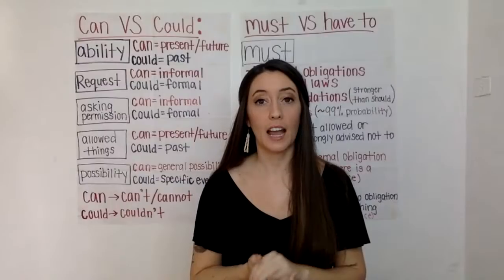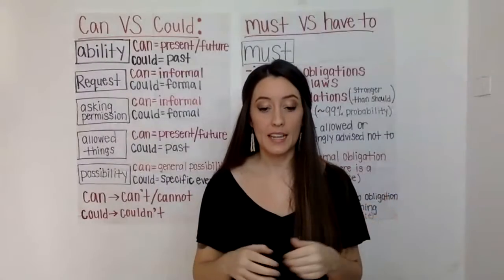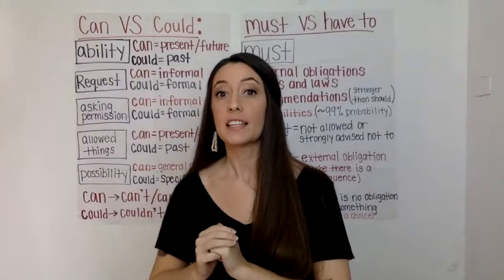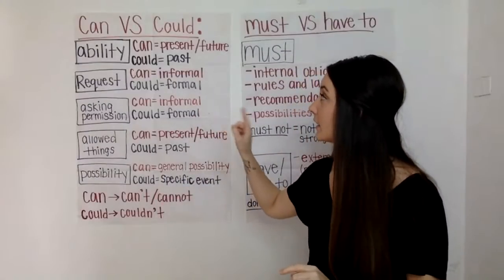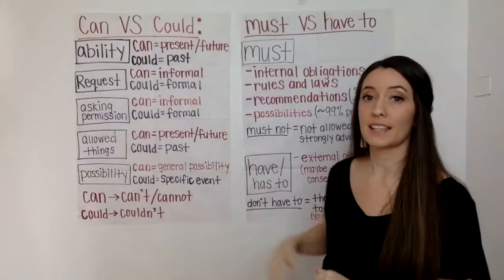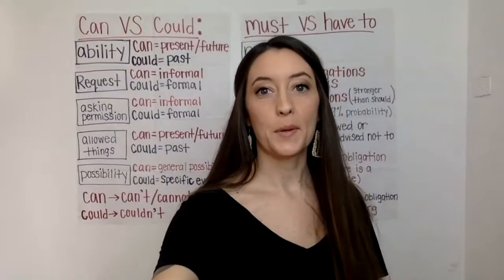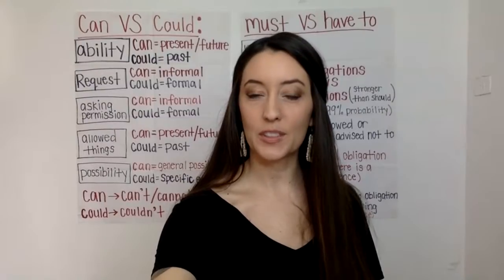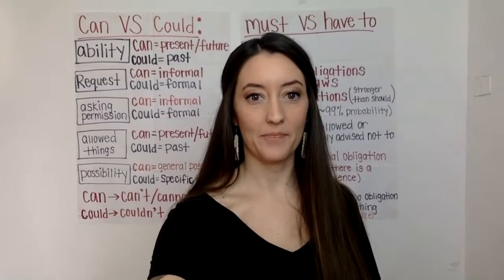We're going to look at the differences between them and also how they are used. Today we're going to talk about can and could, and also must and have to. We're going to start with can and could, look at how they're used and the difference between them.